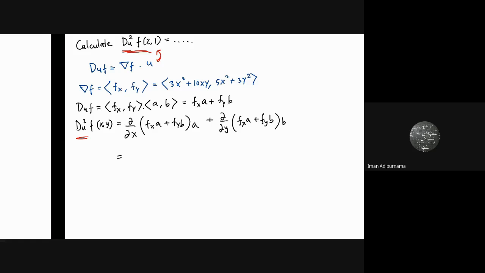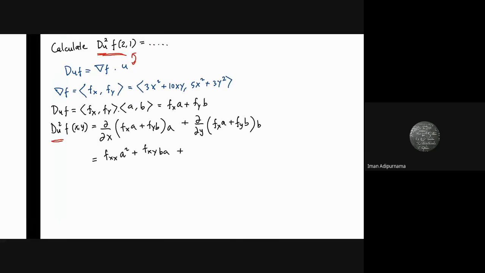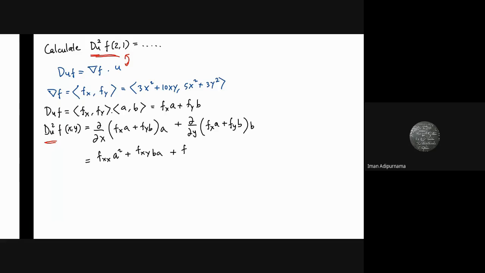So partial x, for partial x, it becomes partial xx, and then a squared, and then plus partial xy, and then let's say ba, and then plus partial yx, and then ab.